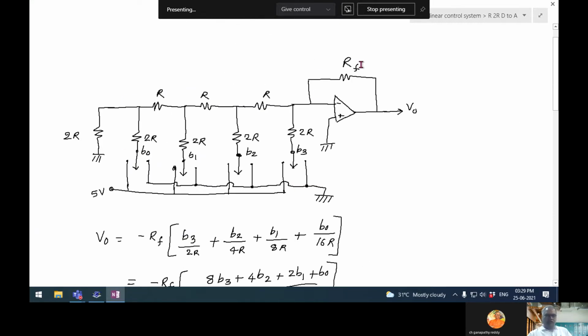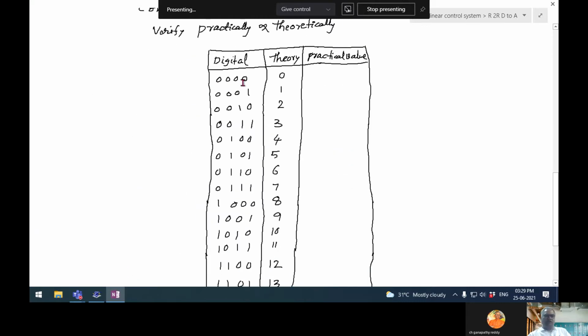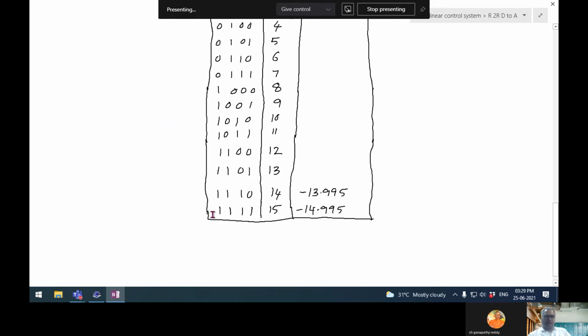So RF equal to 1K, R values 312.5, 2R value 625. Then check this table. If all are zeros, as per theory, I should get 0. Practically what you get, verify. If all are 1, theoretically 15.